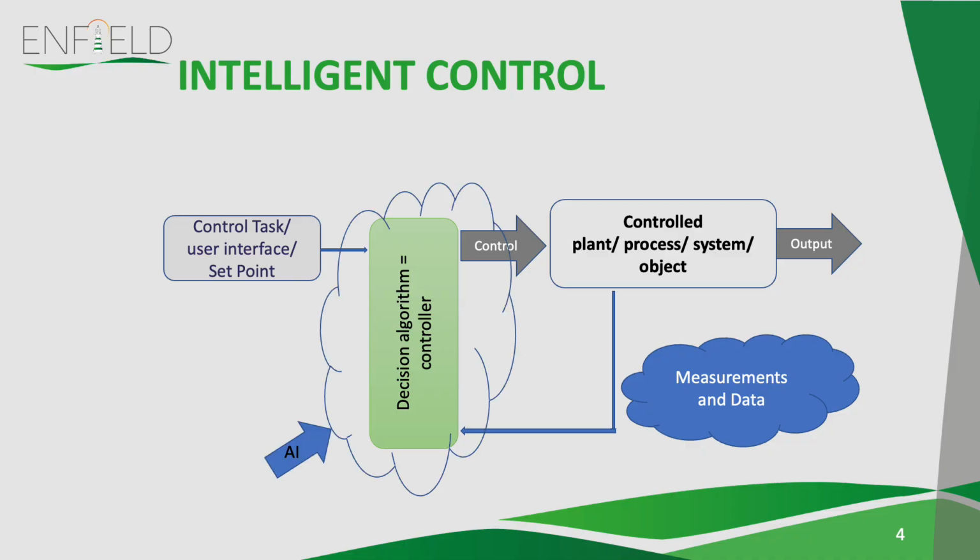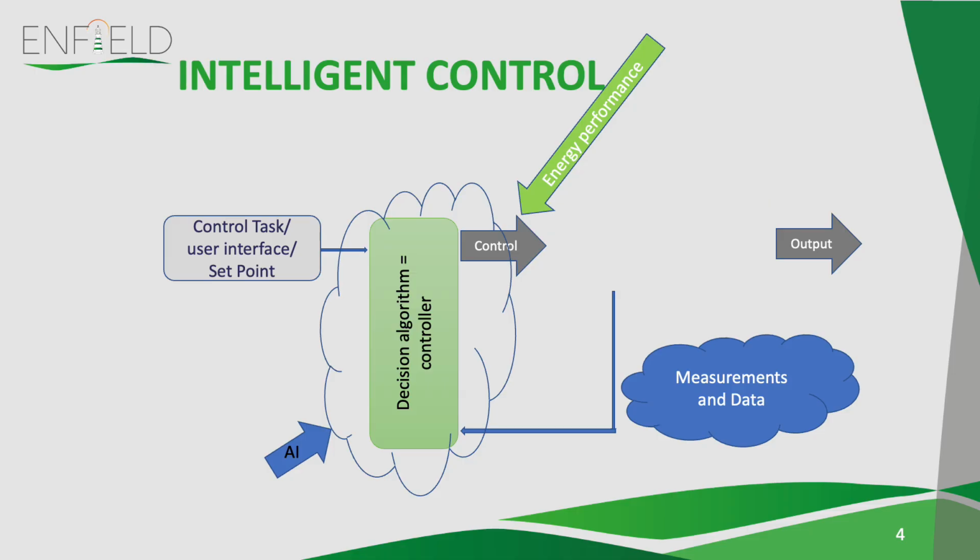But in order to make these decisions, we need a kind of algorithm. And the smarter this algorithm is, the more energy efficient the solutions will be. So this decision algorithm is in fact the place for artificial intelligence, for smart solutions in our control system.